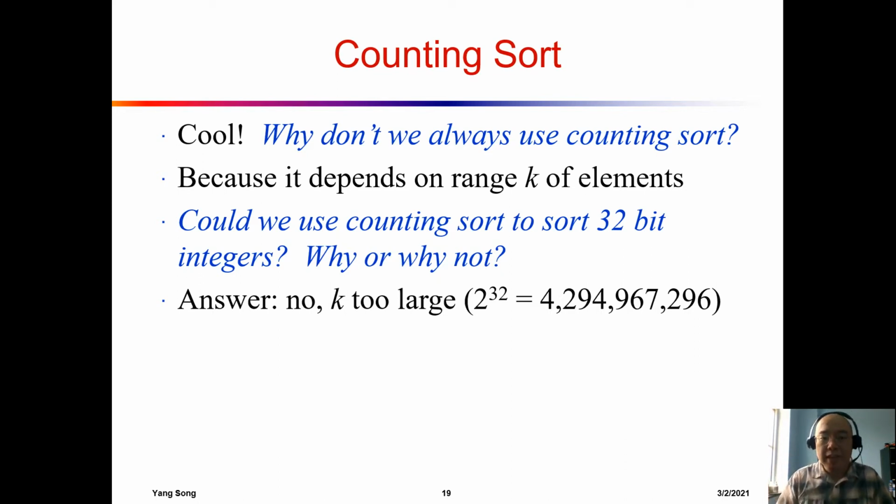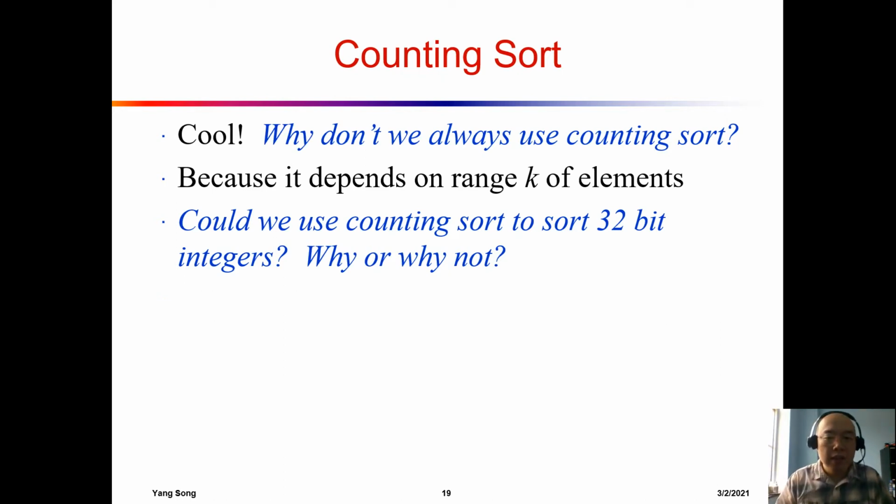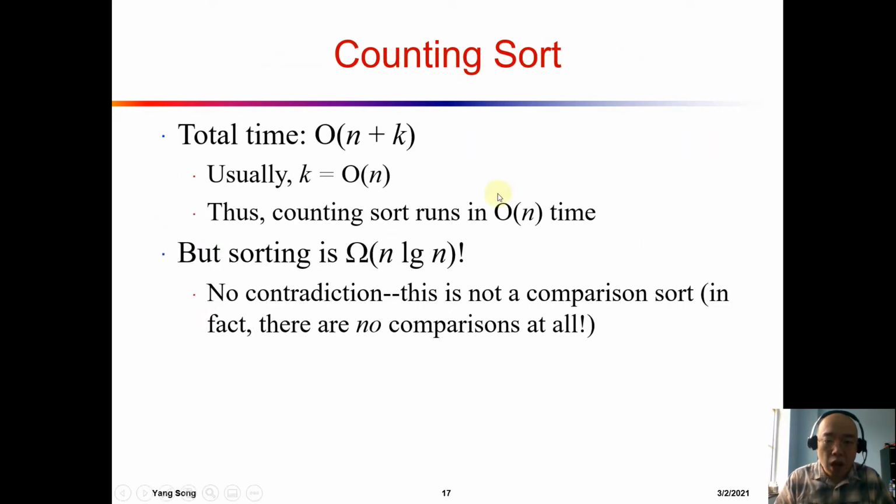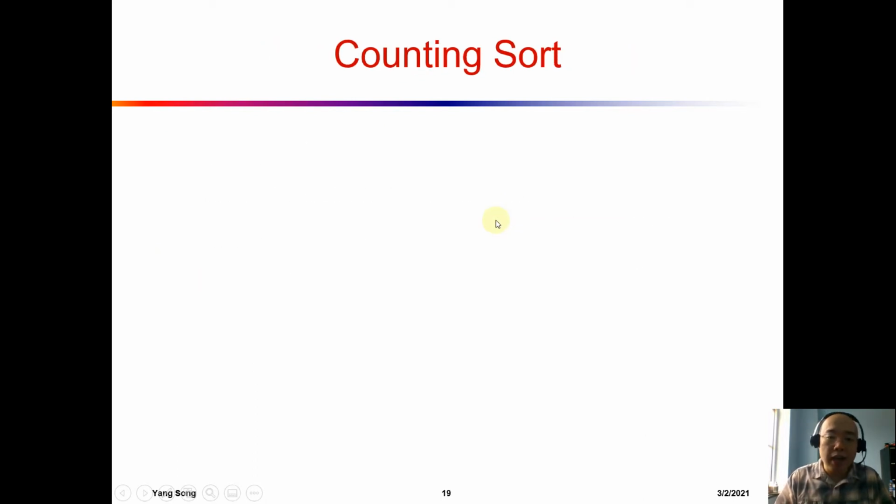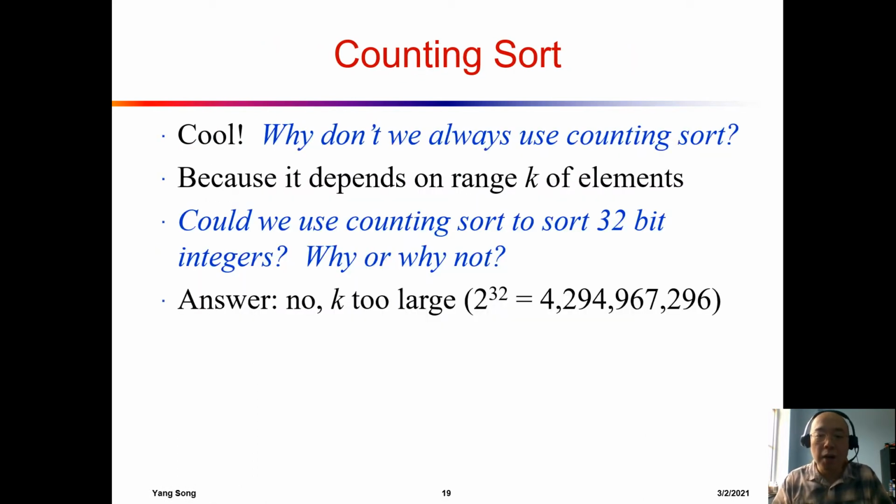And then if you have a very small n and a really huge k value, our assumption is not correct anymore. We are assuming that k is O(n), but if you have only a few values and k is really large, then we can't really say this is an O(n) algorithm because k is much larger compared with n.